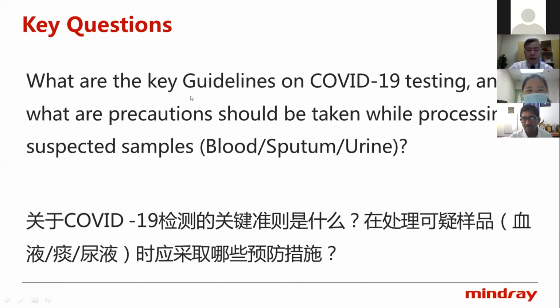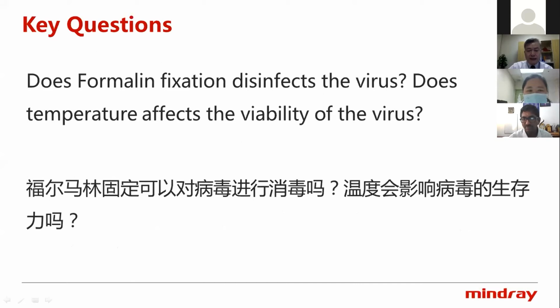Point 2, for COVID-19 testing, it is actually for different specimens. We need to conduct a risk management for different specimen management, from respiratory tract specimens to sputums. These are high risk because they are collected in the open airways.